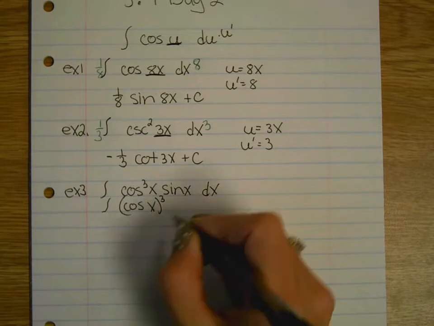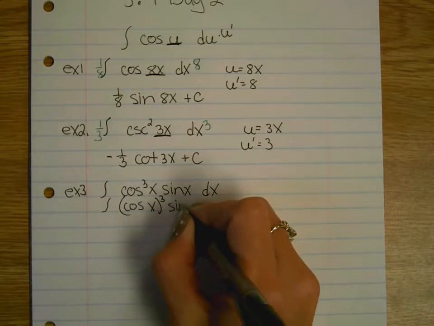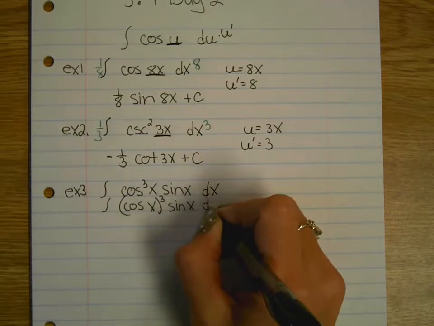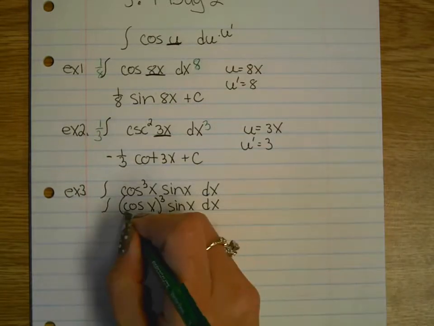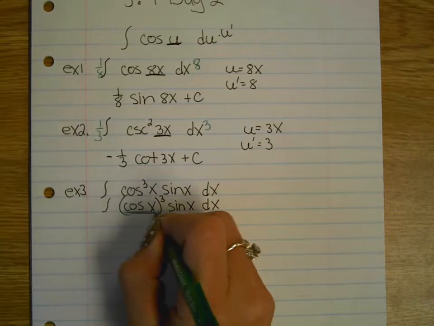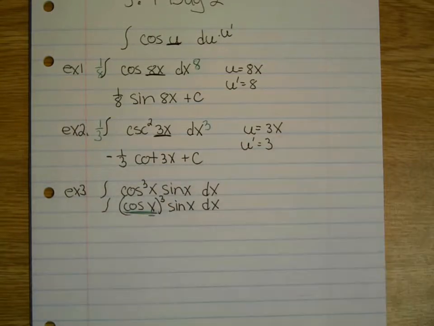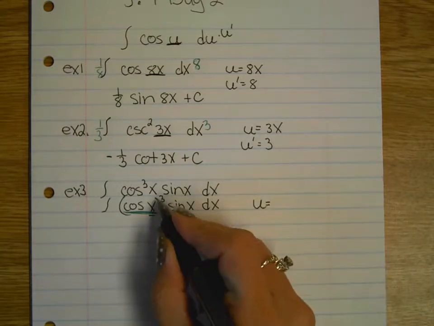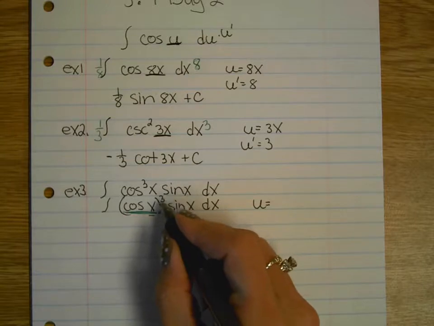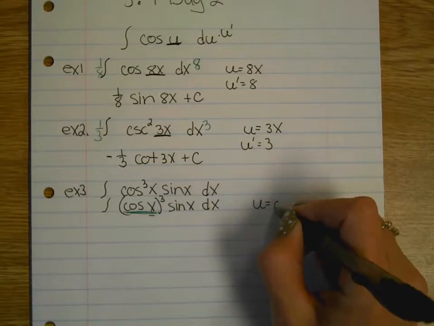Now I've got an idea what my inside is, times sine x dx. This time I've got really a double inside because I've got this whole thing inside, and then the angle is an inside. So my u, and I'm looking at doing a power rule here for my antiderivative, is cosine x.